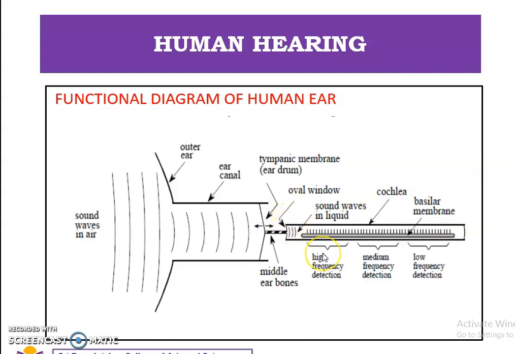Another information coding method used in human hearing is called the volley principle. The sound waves in air strike the membrane and move into the liquid, and the nerve responds to the vibration based on the frequency.